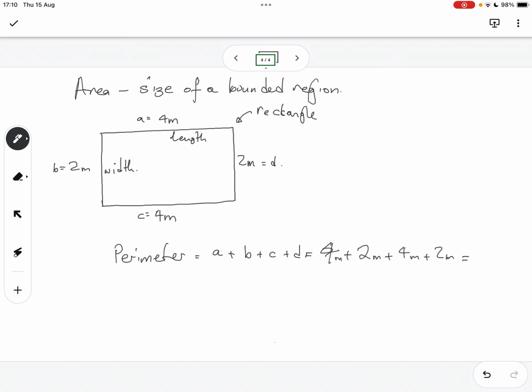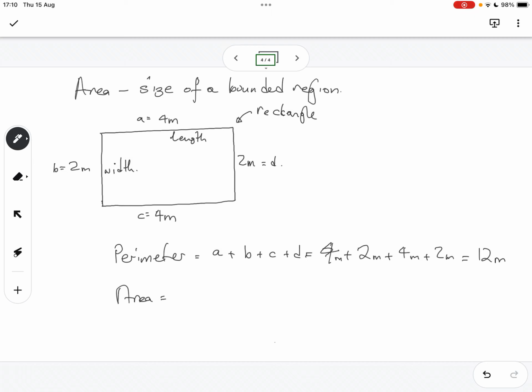And the answer would be 4 plus 2 is 6, plus another 4 is 10, plus 2 is 12. So the distance you would walk around would be 12 meters. But now the area, remember it's in square units, right? That is because it is the product. Product is the answer you get when you multiply two or more numbers together.